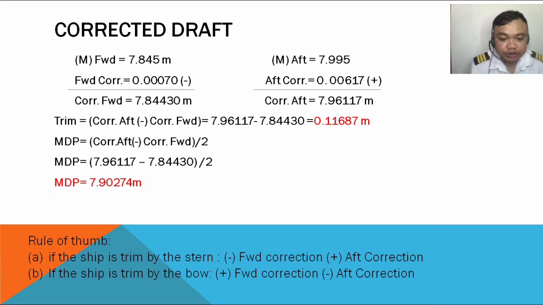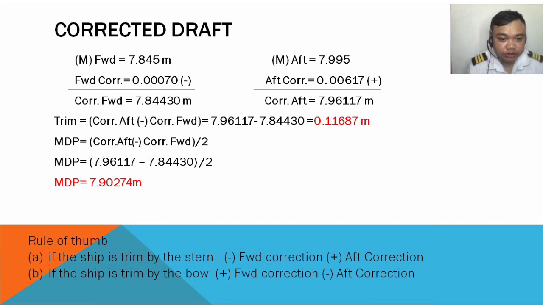But if the ship is trimmed by the bow, which does not happen frequently, we need to add the value of the forward correction and subtract the after correction.